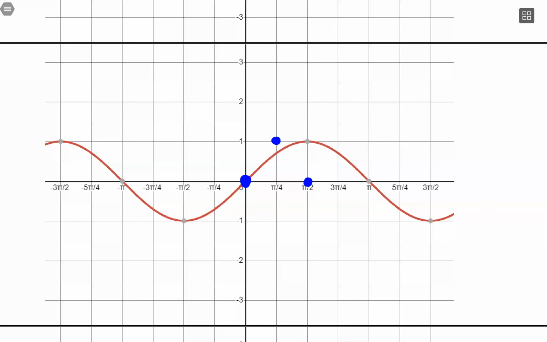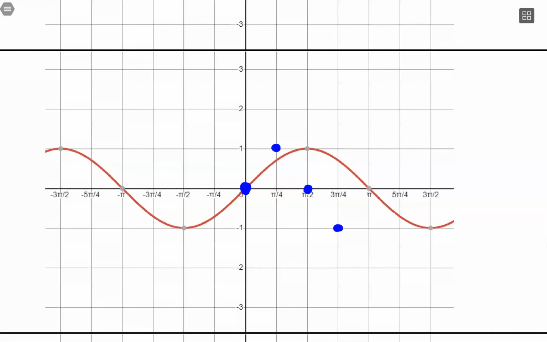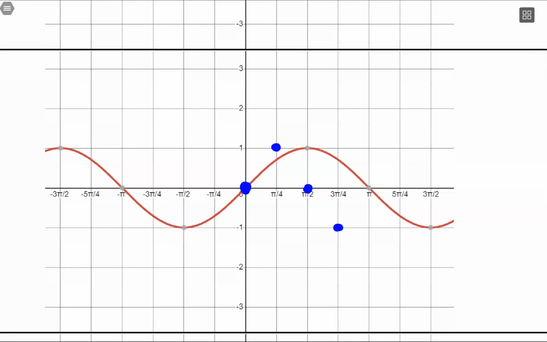And where we had 3 pi over 2, negative 1, that distance is now half. And then we can complete the rest of our graph, just following the trend on the other side. All right, so now you can see our graph there.